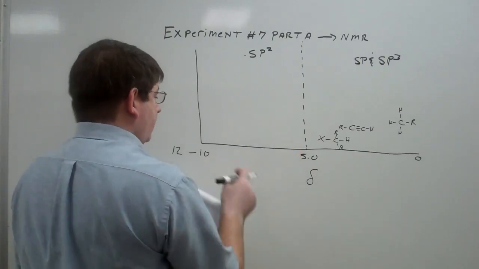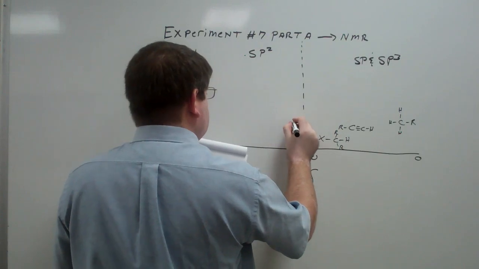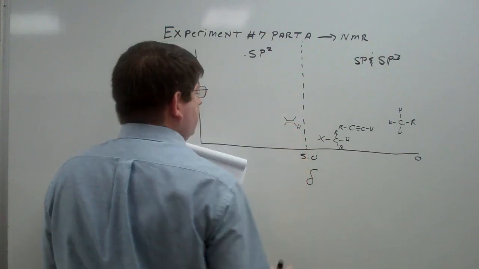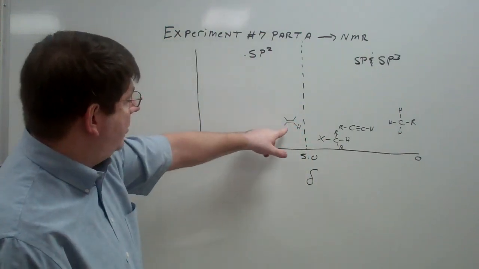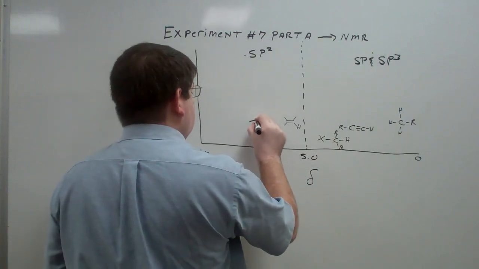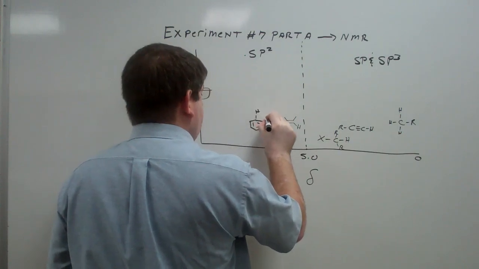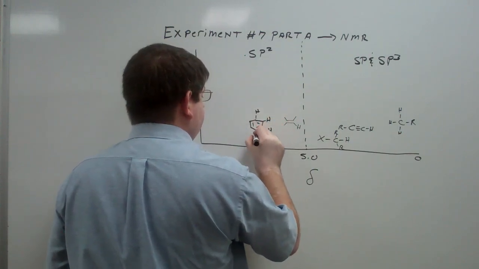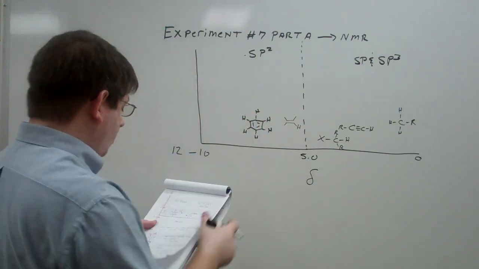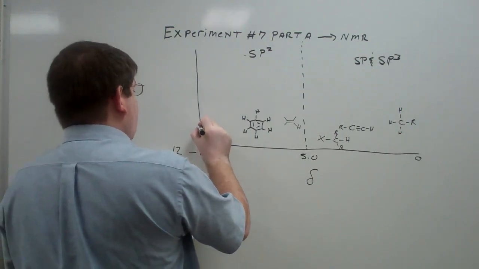Now downfield of 5, between 5 and 6, you're going to find things like alkenes, hydrogens that are attached to an sp2 hybridized carbon of a typical alkene. A little further down, between 7 and 8 usually, you're going to find hydrogens that are attached to a benzene ring. So that's going to be somewhere between 7 and 8. And further out, around 9 to 10, you're going to find things like aldehydes.